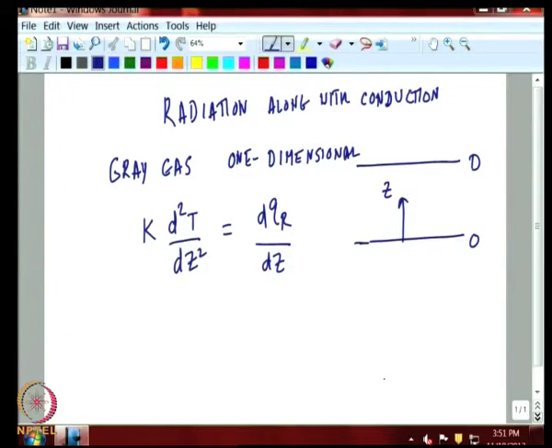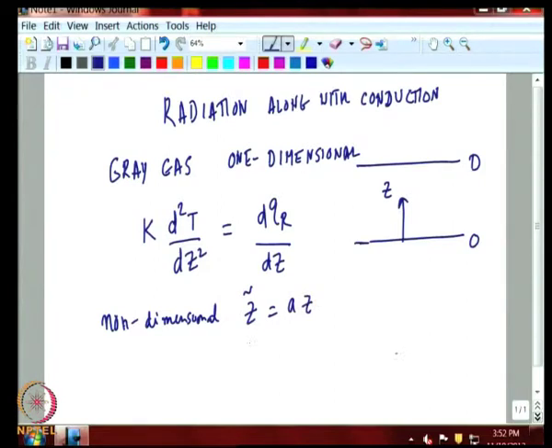And it would be convenient to redefine our z coordinate in non-dimensional z coordinate. You non-dimensionalize z as a into z.